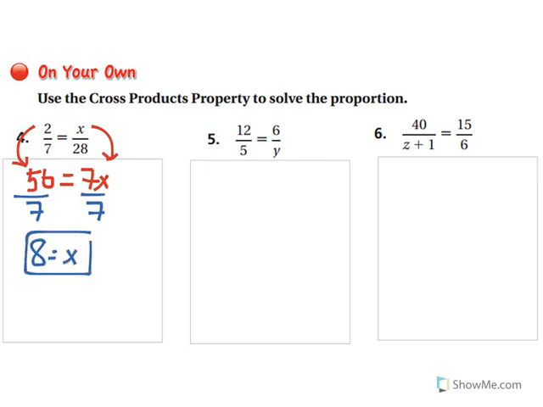Now again, if you prefer doing it this way, I can do 12 times y equals 6 times 5. You can write it out this way, and then I get 12y equals 30. Divide both sides by 12.